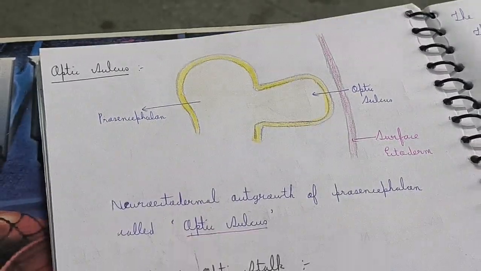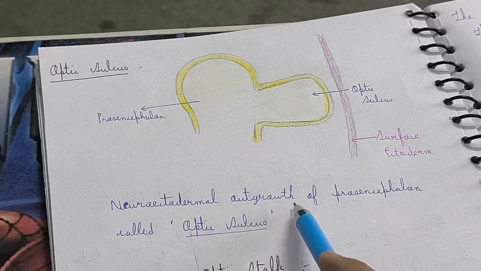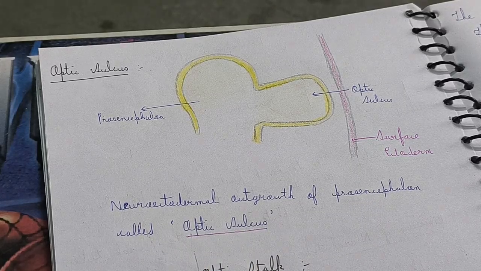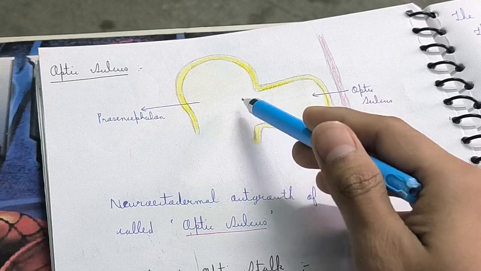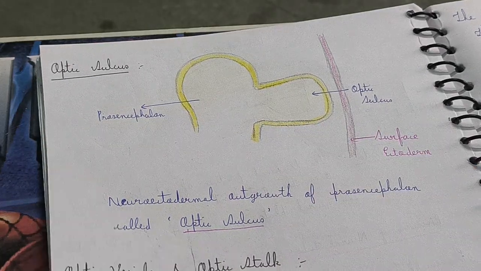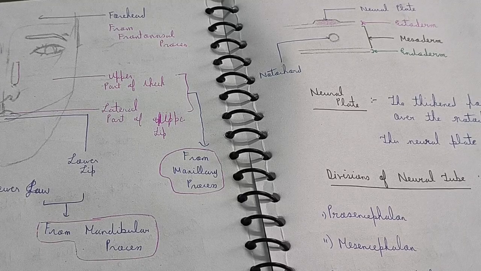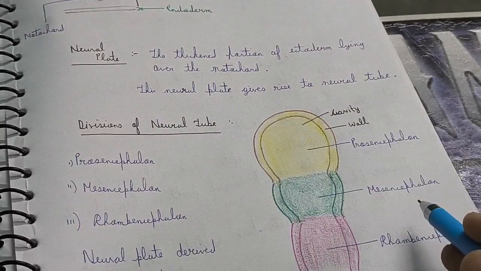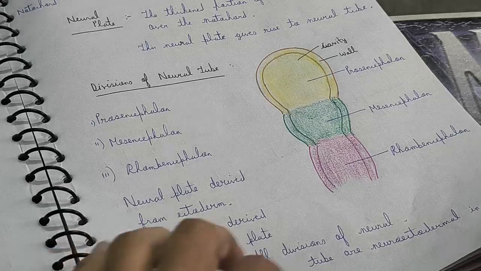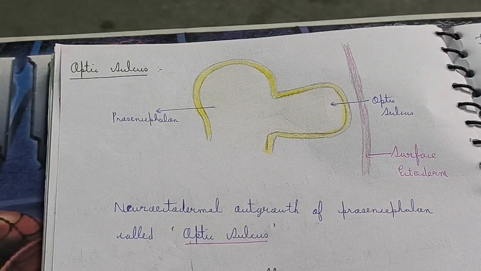I have written that a neuroectodermal outgrowth of the prosencephalon is known as the optic sulcus. And why neuroectodermal outgrowth? Because the prosencephalon is neuroectodermal in origin. Not only the prosencephalon, in fact the mesencephalon and the rhombencephalon, all divisions of the neural tube, are neuroectodermal in origin. So the optic sulcus is clear.